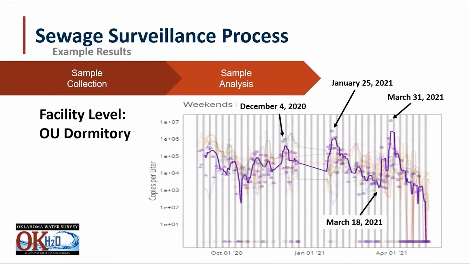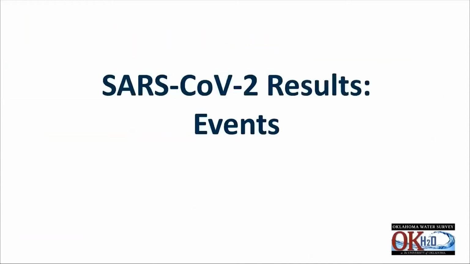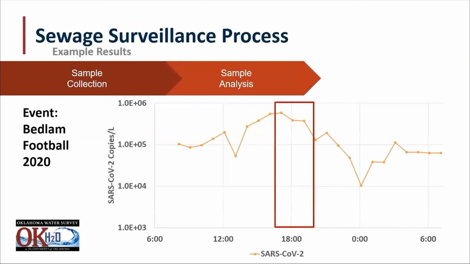That was before the Delta wave started to come in. So it was really useful for our administrators to see the unbiased trend that's happening on campus, and be able to make decisions accordingly.